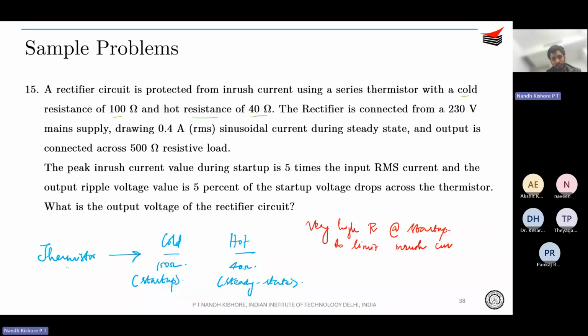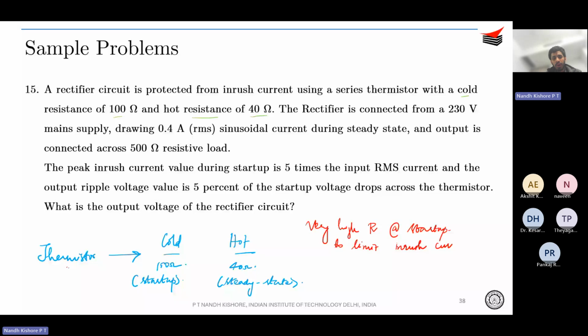Very similar. The peak inrush current value during startup is 5 times the input RMS current. The input RMS current is 0.4 amperes, so 5 times that is going to be 2 amperes. And the output ripple voltage delta V is 5% of the drop across the thermistor during startup.